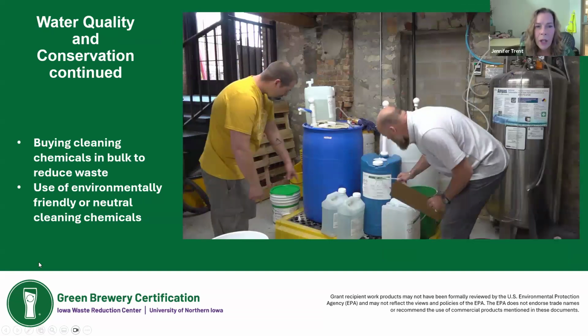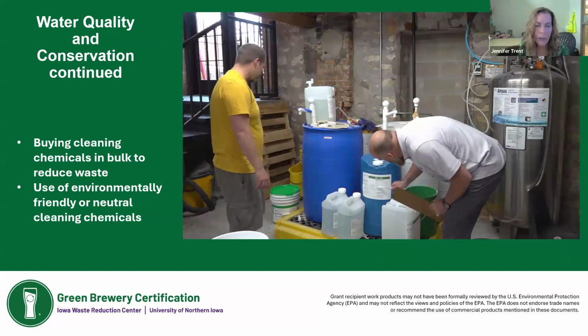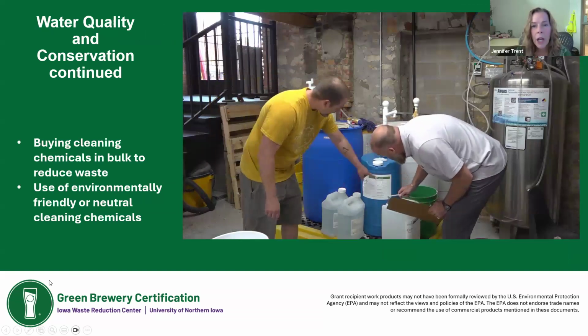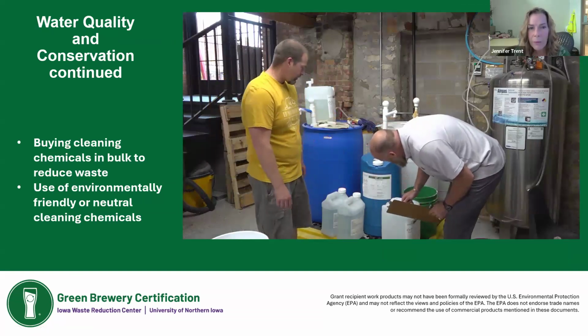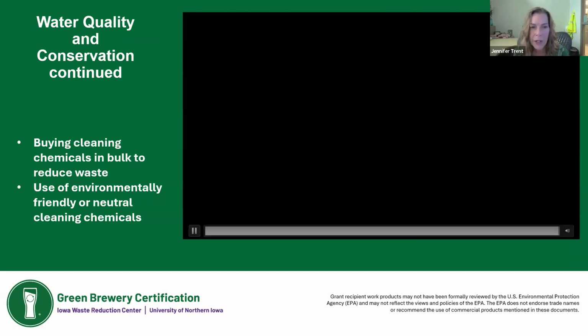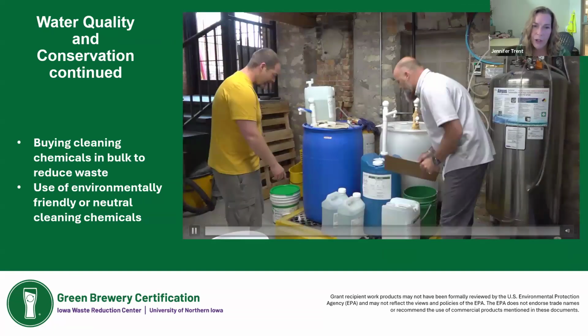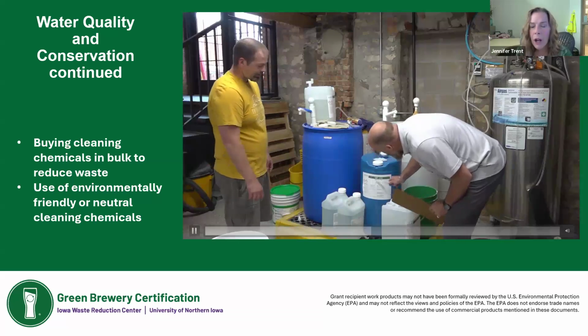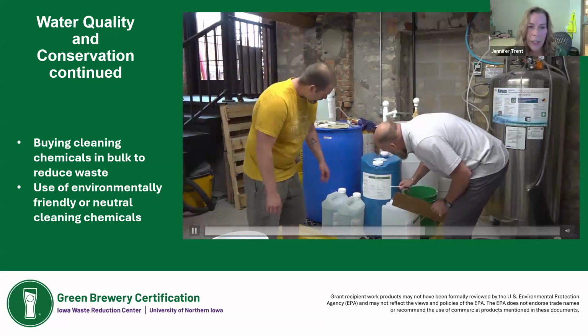Thank you. Okay, one of the things also on the list is taking a look at cleaning chemicals. We give checkpoints if breweries buy cleaning chemicals in bulk to help reduce the amount of packaging headed to the landfill. We also take a look at what cleaning chemicals they're using and whether or not they're rated environmentally friendly or neutral.